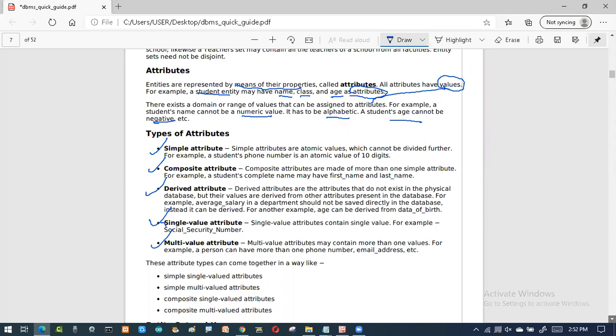As an example, I will take the student phone number. The phone number will have 10 digits. Its atomic value is of 10 digits, so this cannot be further divided. I cannot divide it into 5 digits in one thing and 2 digits in some other thing. If I want 11 digits, 11 digits, 8 digits means 8 digits.